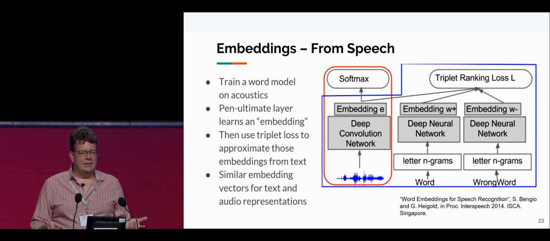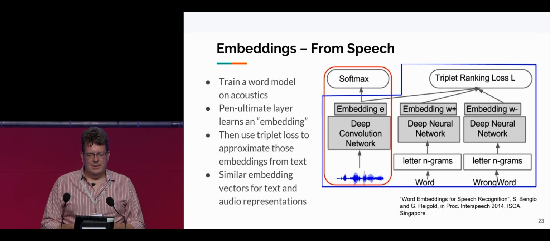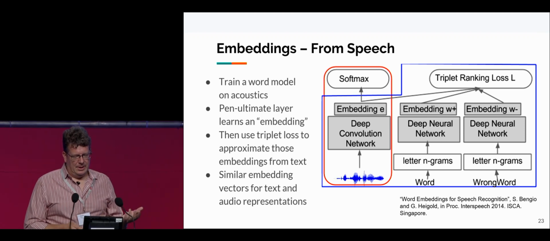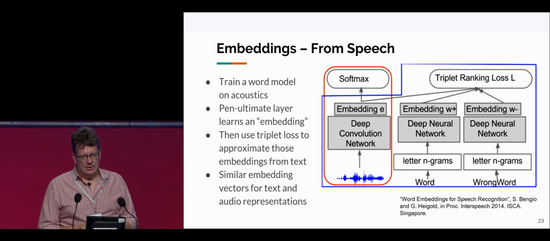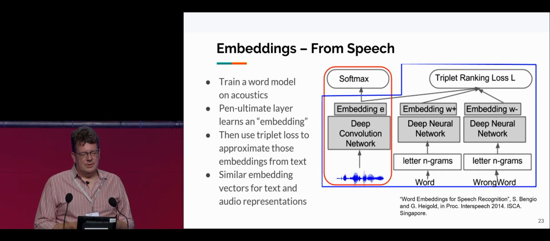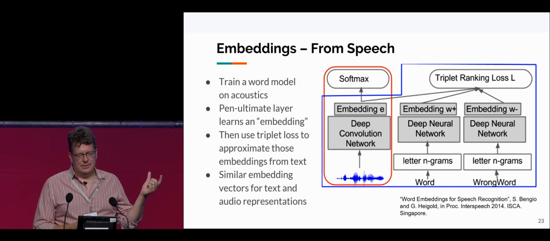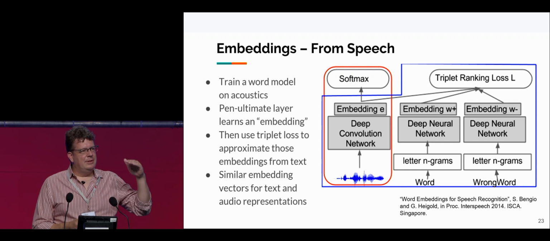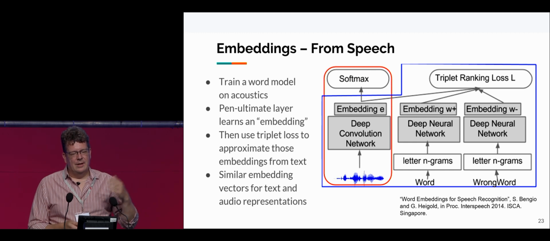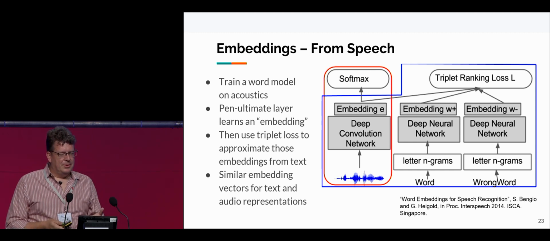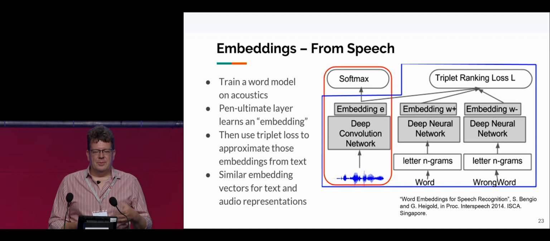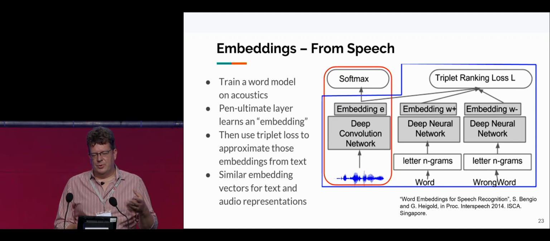There are many different ways. The first way that I could really find is work by Bengio and Heigold, when they took a system where they extracted short pieces of audio, trained a word-based classifier on these short pieces of audio to create an embedding, which is really just the activations at the penultimate layer before the softmax layer, and then took the corresponding words and learned a triplet ranking loss towards those embeddings.